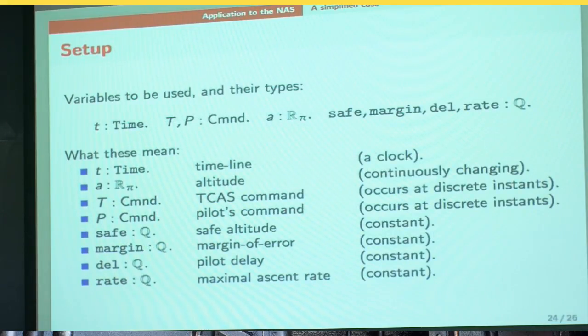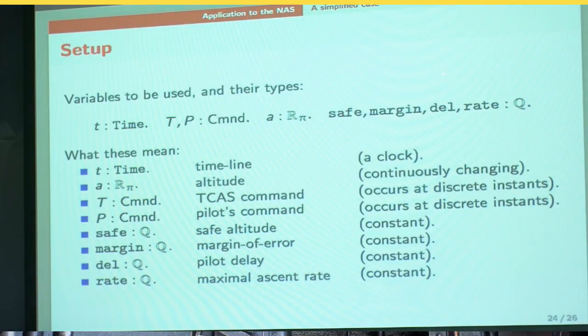So here are the variables we'll use: a variable t of type time, and two TCAS commands, one that the TCAS is going to send and one that the pilot is going to send. These are going to be either stay level or climb. A is going to be a variable real, which means it's a real that's changing in time.